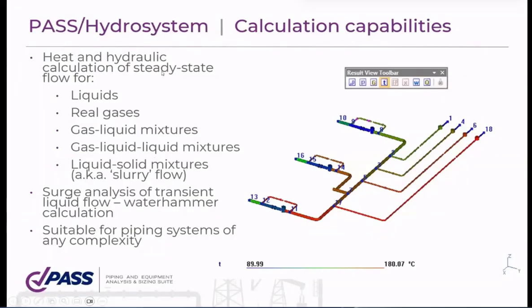Also, HYDROSYSTEM is capable of not only steady state flow analysis, it also performs surge analysis of transient liquid flow, which we call water hammer calculation. And HYDROSYSTEM is suitable for piping systems of any complexity, any type of pipeline. You can easily calculate it in HYDROSYSTEM.